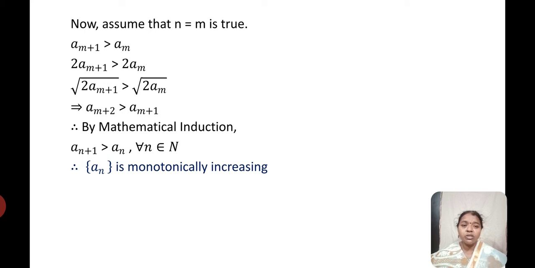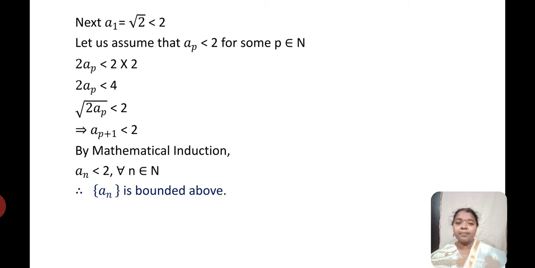Now let's use the definition of the sequence which is given in the problem. This would become a(m+2) is greater than a(m+1). Therefore, by mathematical induction, we have a(n+1) is greater than an for all n belongs to N. Therefore, our sequence an is monotonically increasing.